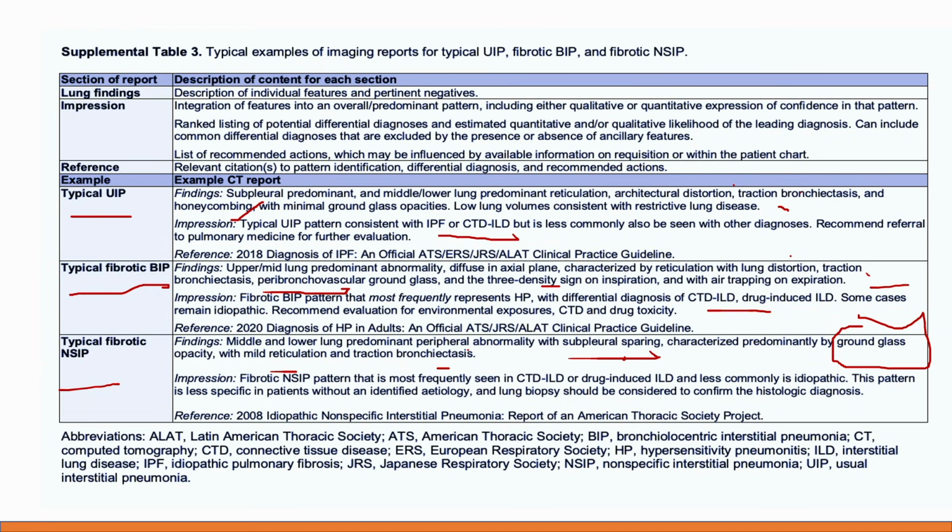The impression becomes a fibrotic NSIP pattern that is most frequently seen in CTD ILDs or drug induced ILDs, less common in idiopathic pulmonary fibrosis, and that's how the etiological diagnosis and the lung finding have to be corroborative. And this is a beautiful way of how ILD is evolving now.